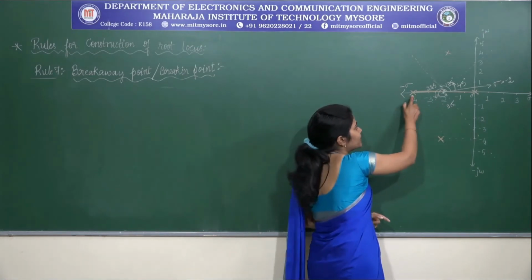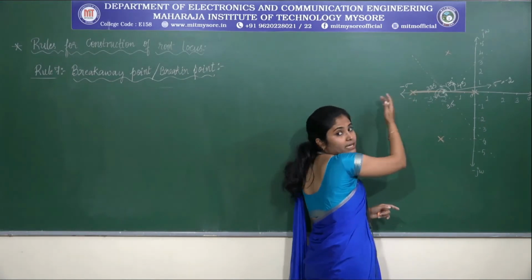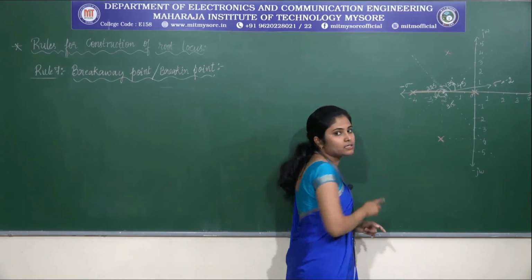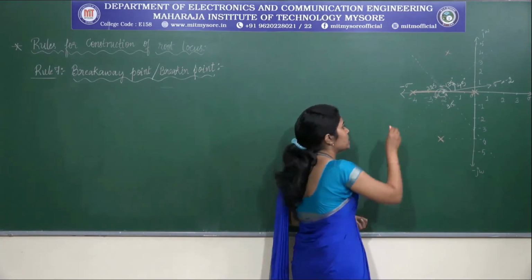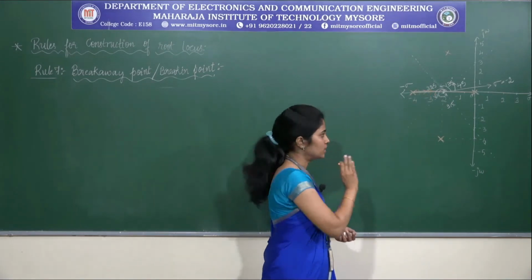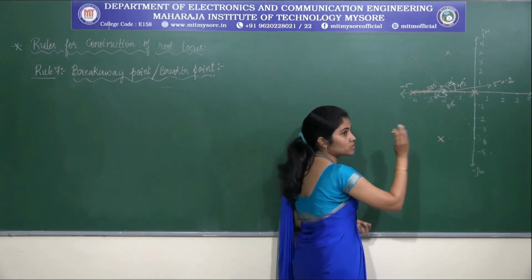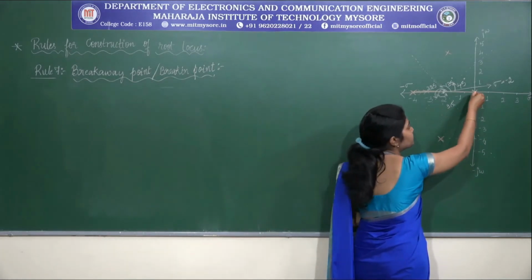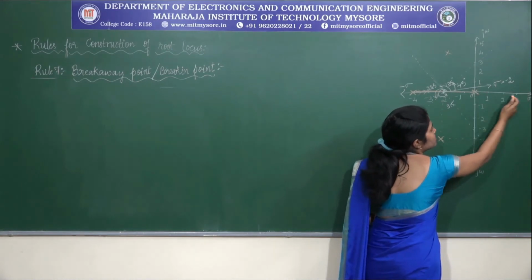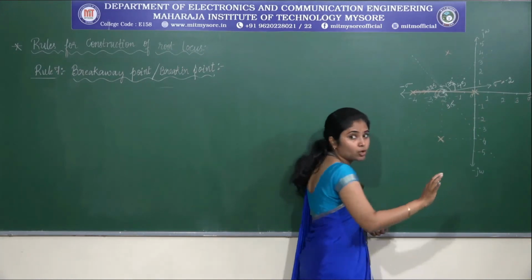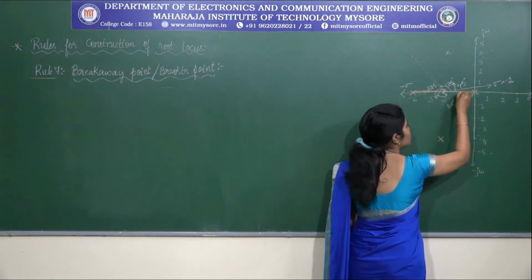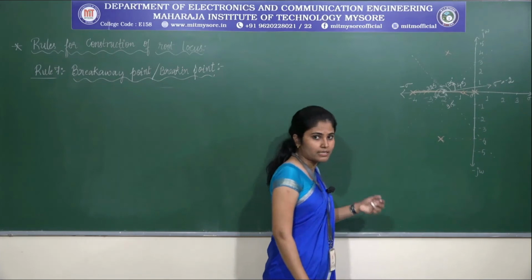This pole cannot move towards the left-hand side because from -4 to -infinity, the real axis is not part of the root locus. Therefore, this pole has to move in the forward direction, that is towards the right-hand side. Similarly, this pole cannot move towards the right-hand side because this real axis is not part of the root locus. Therefore, this pole has to move in the left-hand side direction.